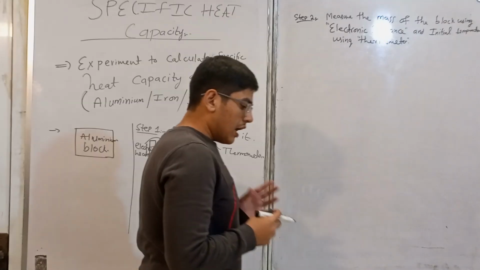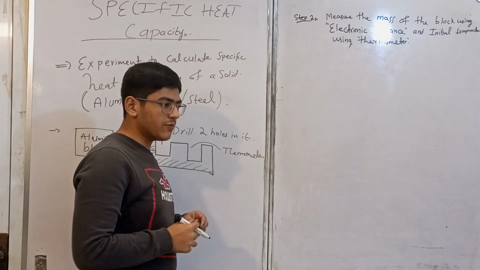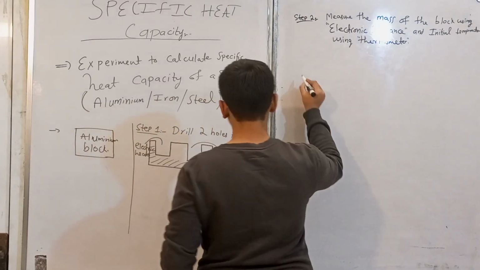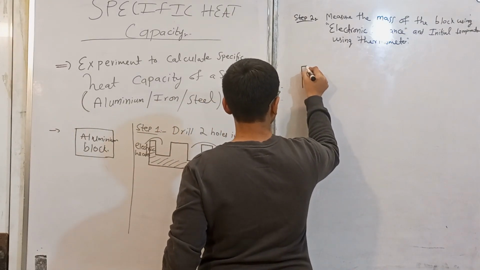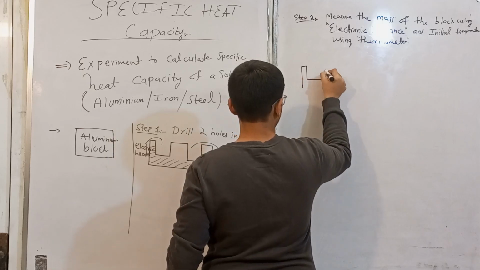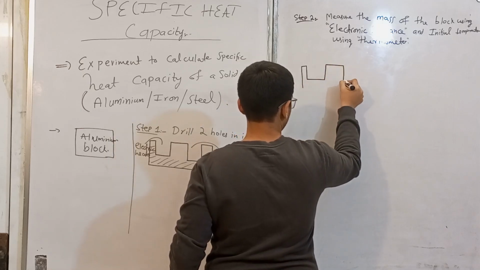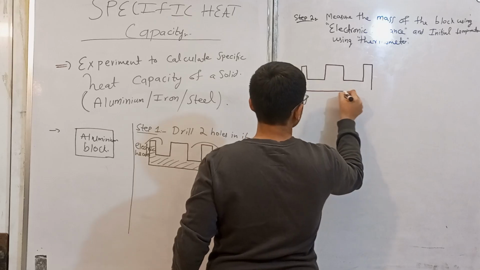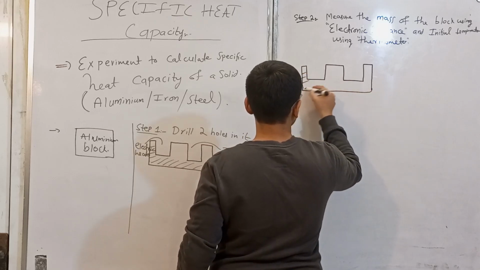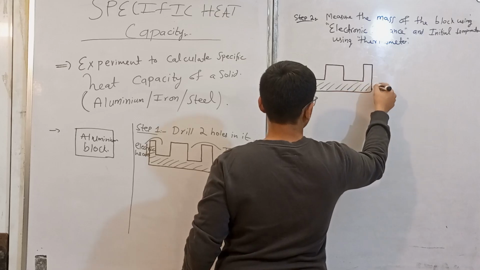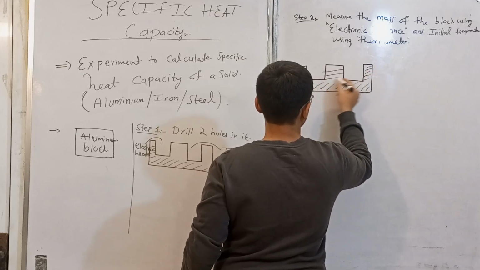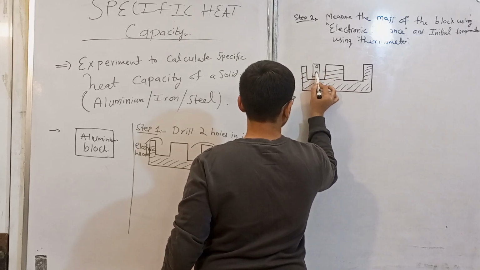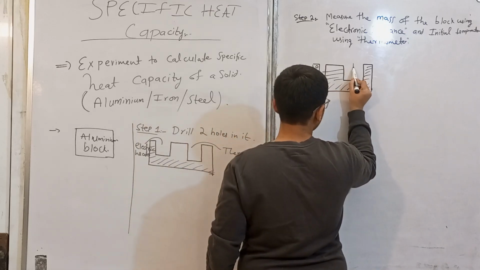Now, we will draw a diagram for our convenience in which we will show a circuit that is used to operate the electric heater. Okay, this is our electric heater and this is our thermometer.